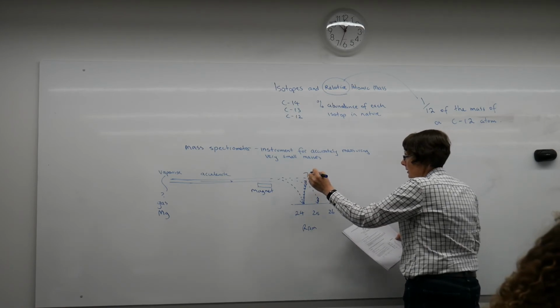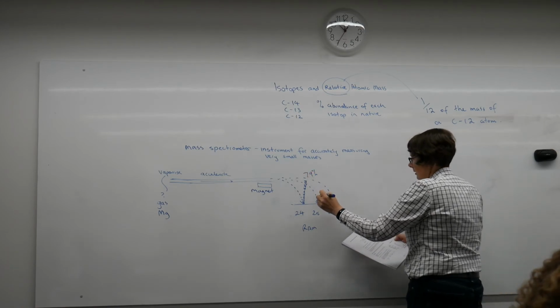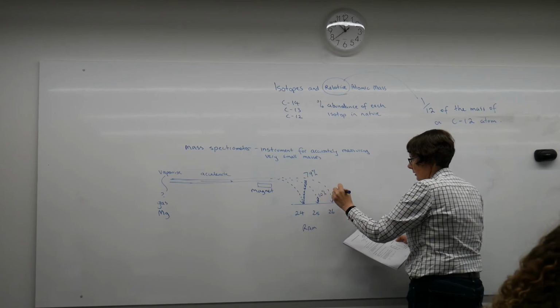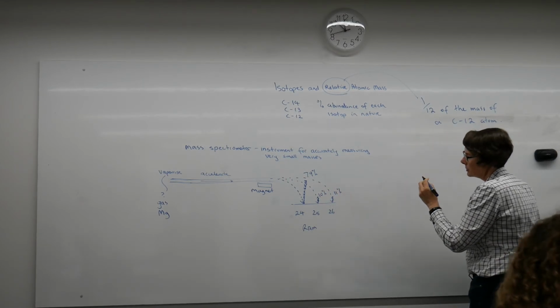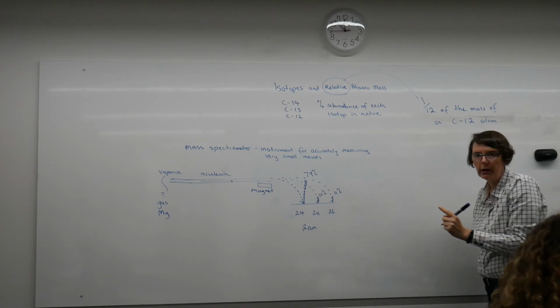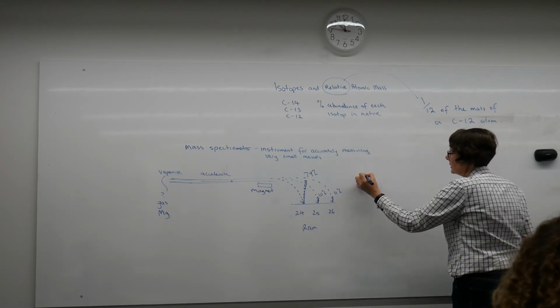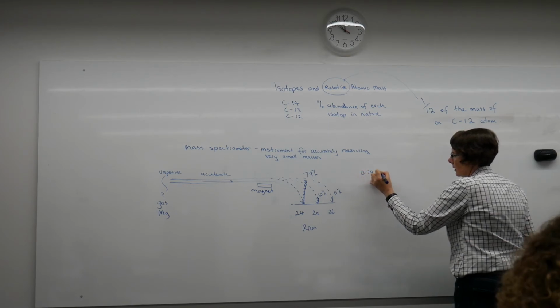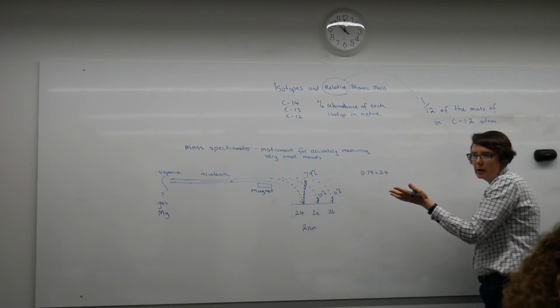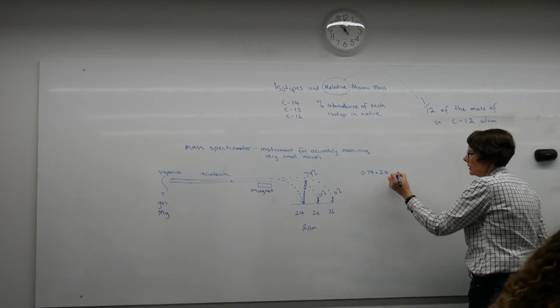So if this one was 79%, this one was 10%, and this one's 11%, then as Jack was saying before, we can work out the relative atomic mass of magnesium by finding how much mass is contributed by each isotope.